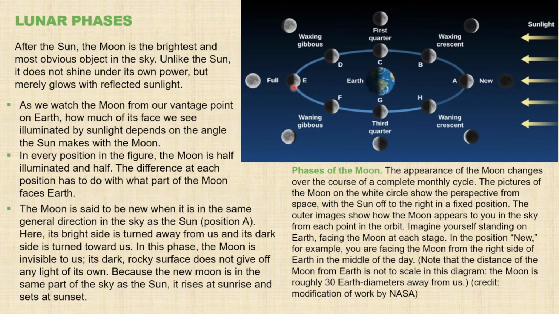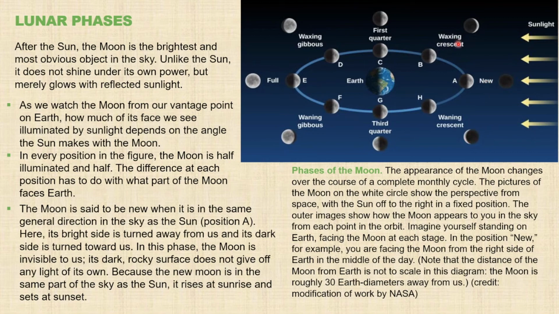Full moon, and then that illuminated part starts to decrease, we call that waning gibbous, and it reaches third quarter here, then waning crescent, and the new moon.